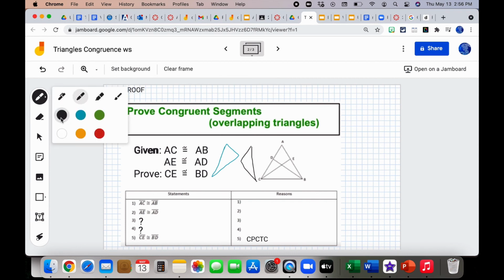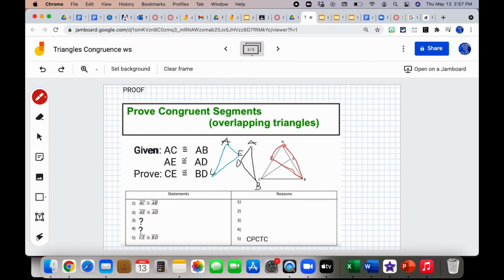We can go ahead and label the parts that we have. What I have done is trace out the overlapping triangles, the first one and the second one, so that I can mark it without getting confused in the main drawings.